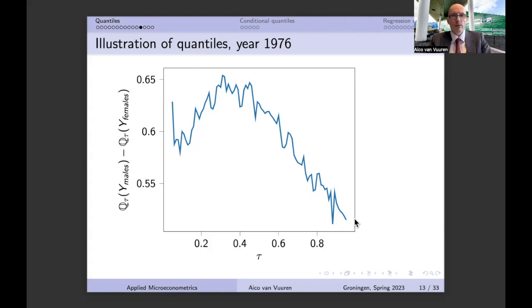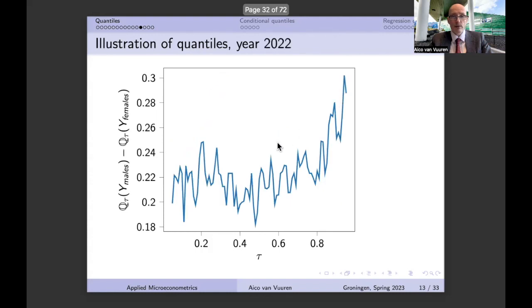And if you look at all the years separately, starting in 1976 up till 2022, which I'm not going to do over here, you will see that at least until the early 2000s, we still saw more or less this picture over here, and only in the last, say, 10 to 15 years, the picture has switched to this picture that we have over here.